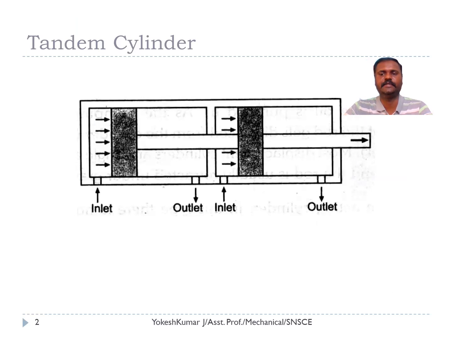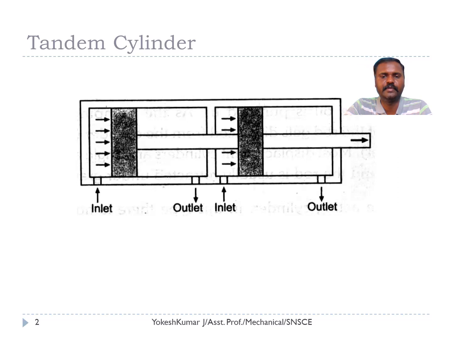As we know the relationship between pressure, force and area, pressure is equal to force by area. Since the pressure is directly proportional to the force and inversely proportional to the area, here we are increasing the area so that the force of the actuator can be increased.